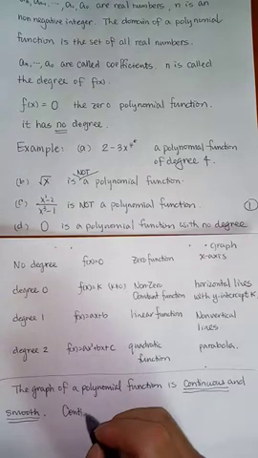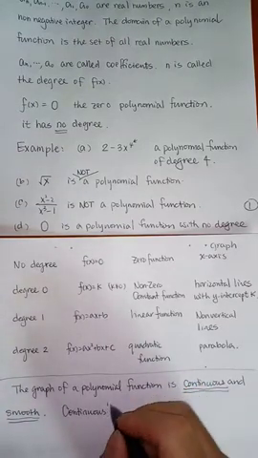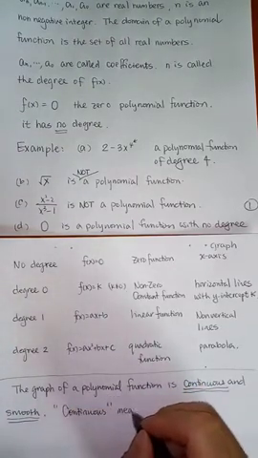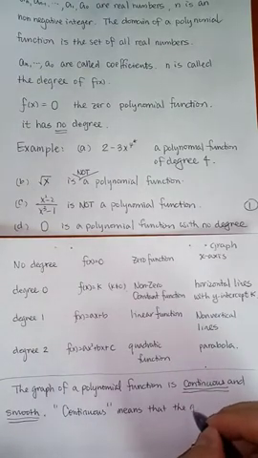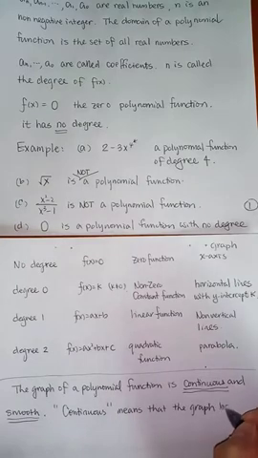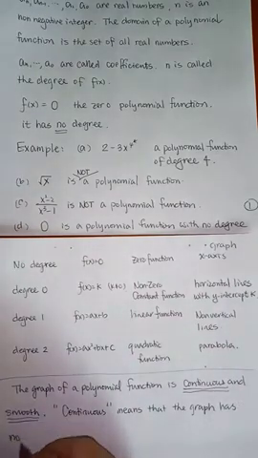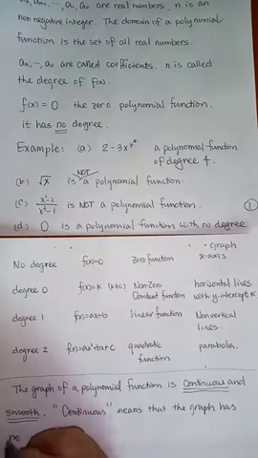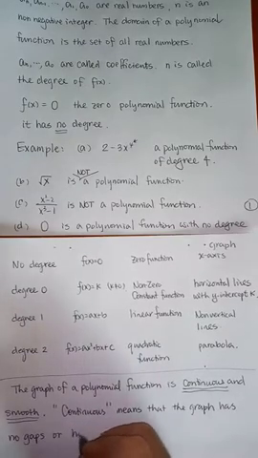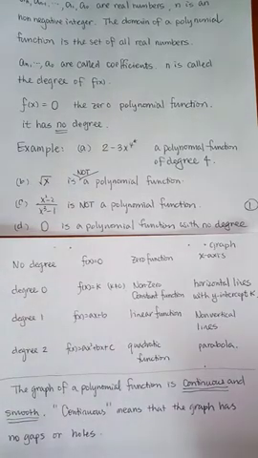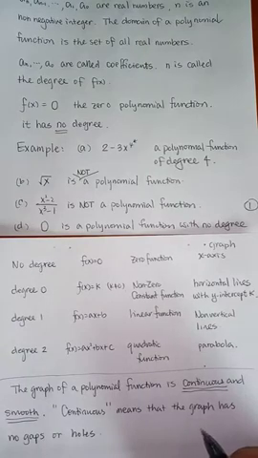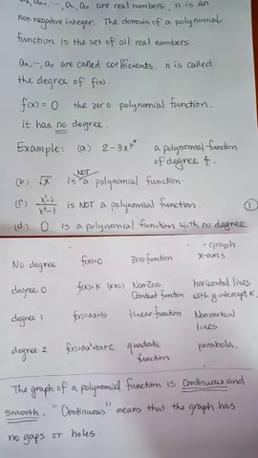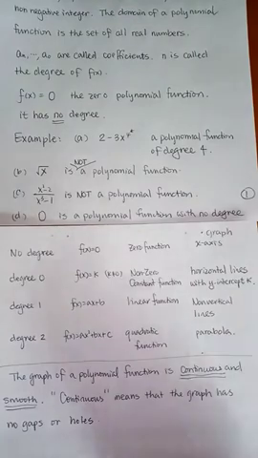Continuous means that the graph has no gaps or holes. Let's see what graph is not continuous; if we exclude that case, we will understand what continuous means.